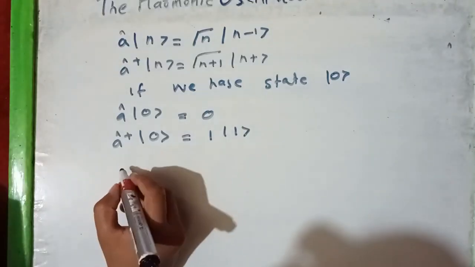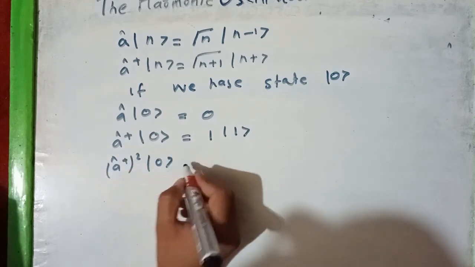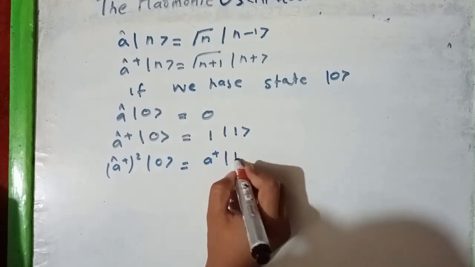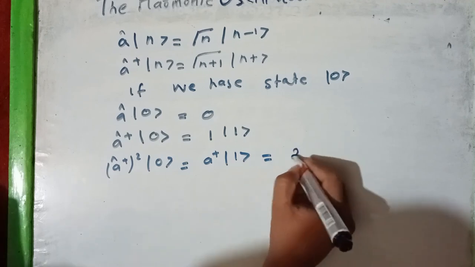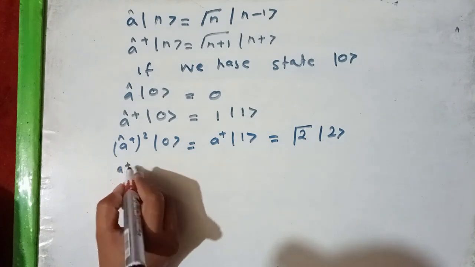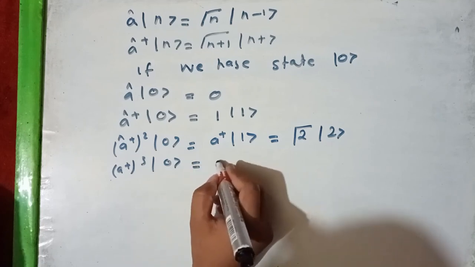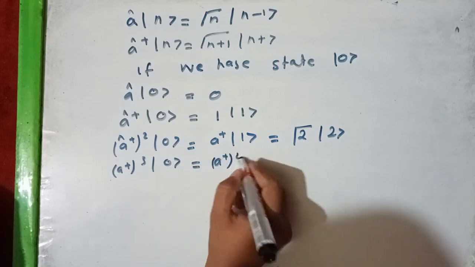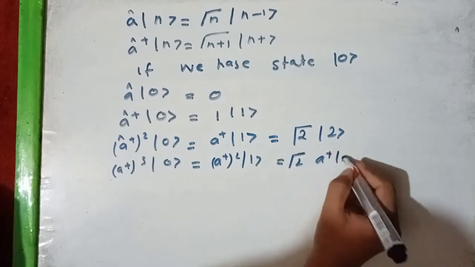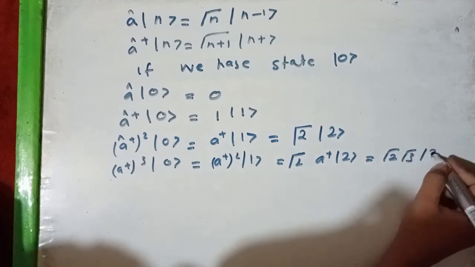When a dagger square acts on state 0, this is equal to a dagger acting on state 1, which is equal to square root 2 state 2. Similarly, when a dagger cube acts on state 0, it is equal to a dagger square on state 1, which is equal to square root 2 a dagger state 2, which is equal to square root 2 square root 3 state 3.